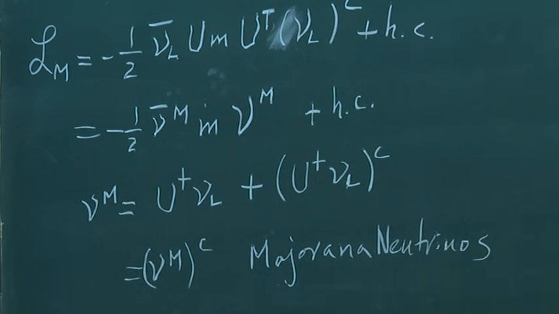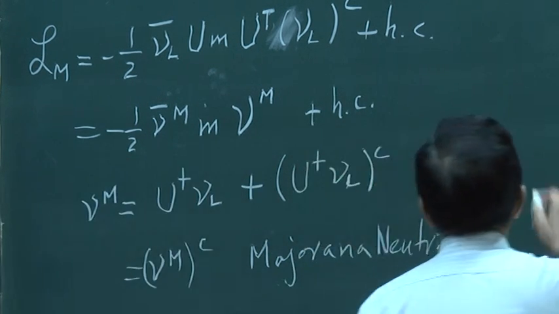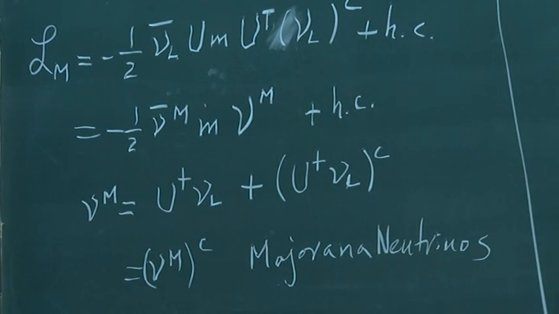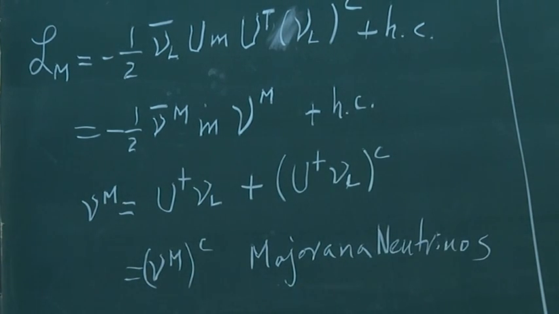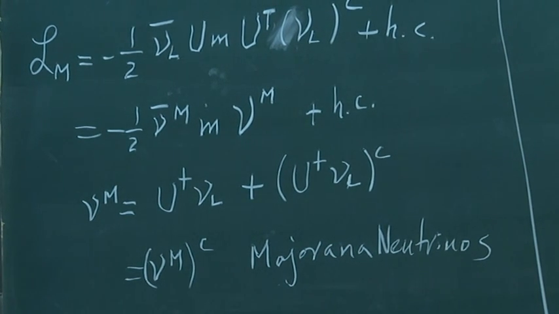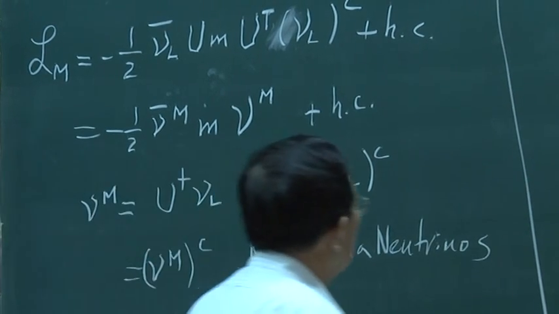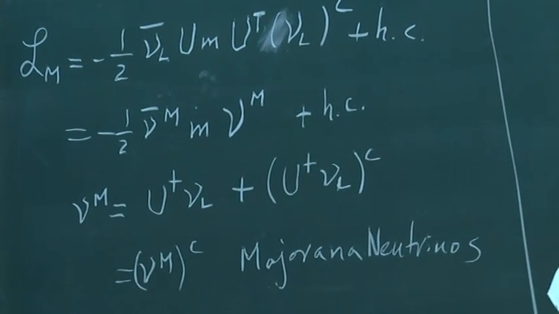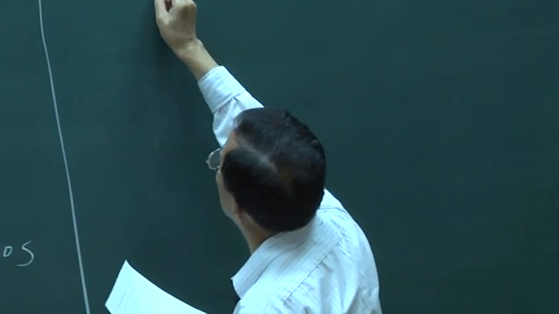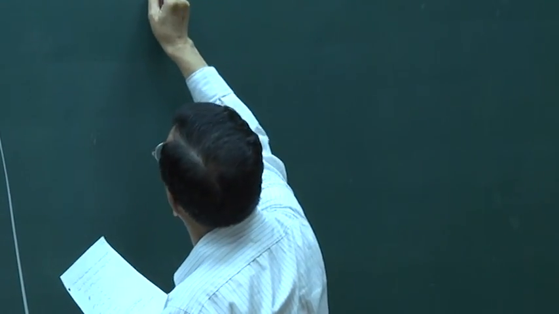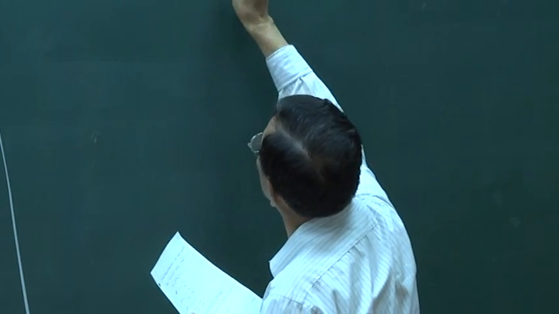So I can now continue to discuss the last way to give neutrino mass, where we have Dirac mass and Majorana mass and then put the two together. Instead of talking about the most general case, I'll talk about the simplest case, which will be Dirac mass plus Majorana mass.